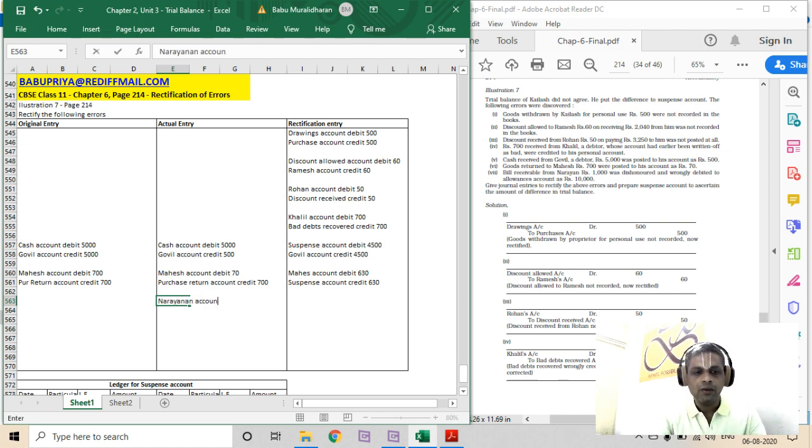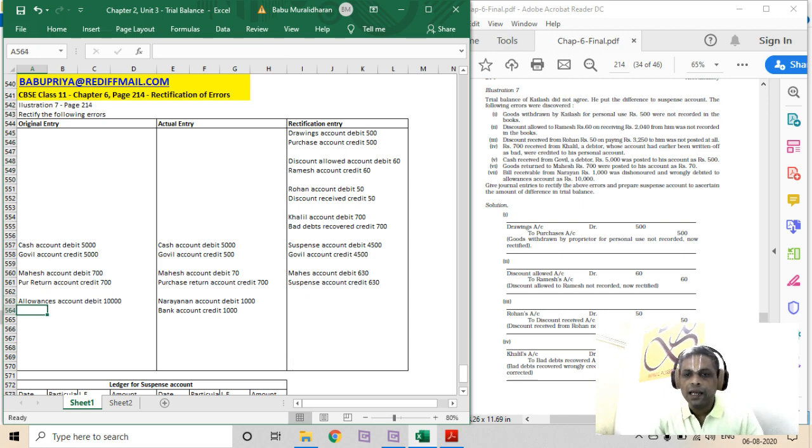Narayanan account debit 1000 and credit should go to bank account 1000, right? Whereas instead of debiting it to Narayanan account, it is debited to allowances account as 10,000.